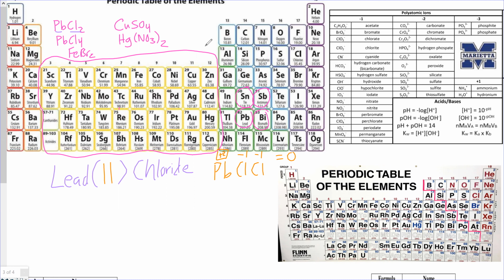Let's try another one. Same thing here. Now I'm looking at PbCl4. I still know it's lead, and it's 4. And I know it's chloride. This time I'm just going to use these same ones.